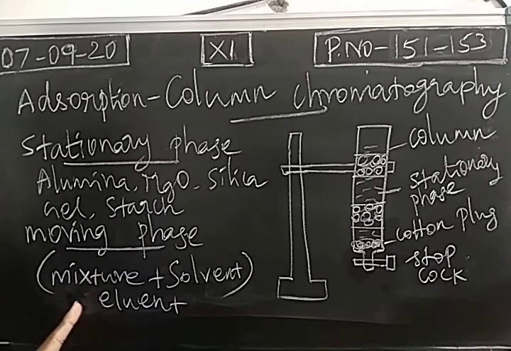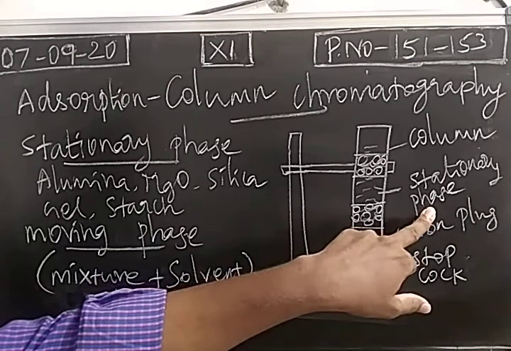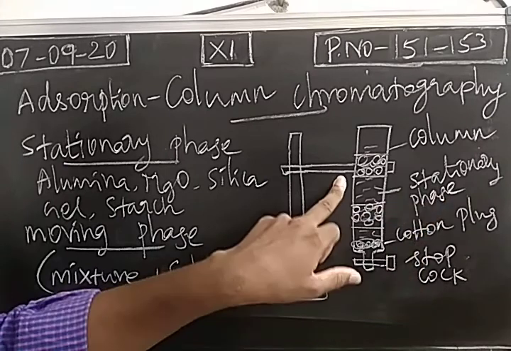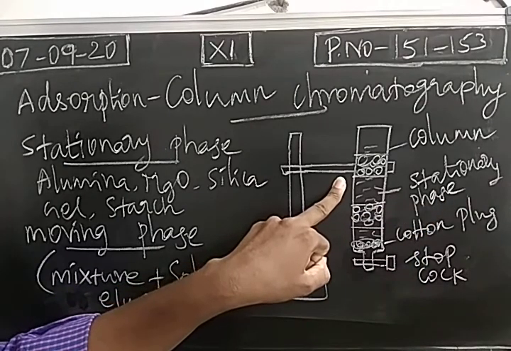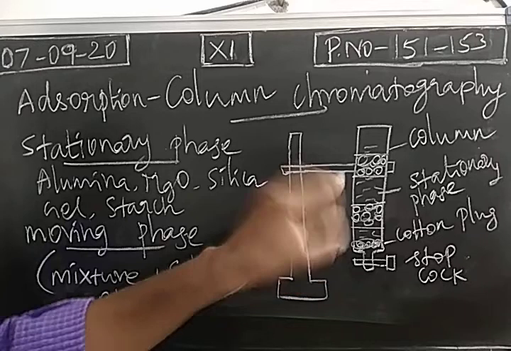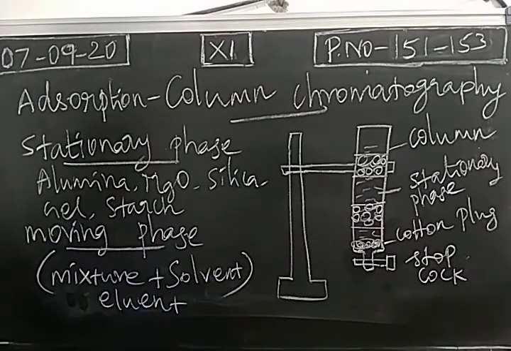Out of two components, one component will be adsorbed on the surface of the stationary phase, so the component with rapid adsorption has its zone at the top position. Another component will be involved in adsorption slowly, so we will get its band or zone at the end or at another level. If 5 components are present in the mixture, we will get 5 zones.